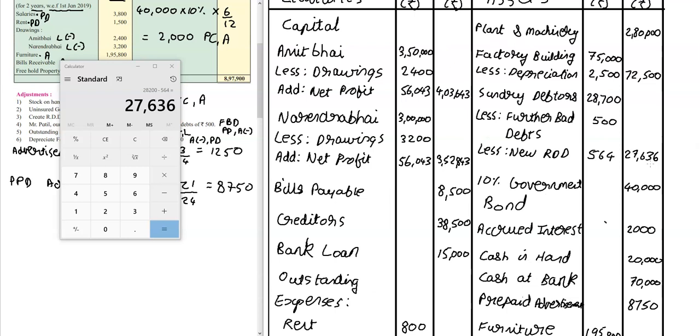Now that we are done with all inner column, outer column calculations, we are in a position to find the balancing figure.